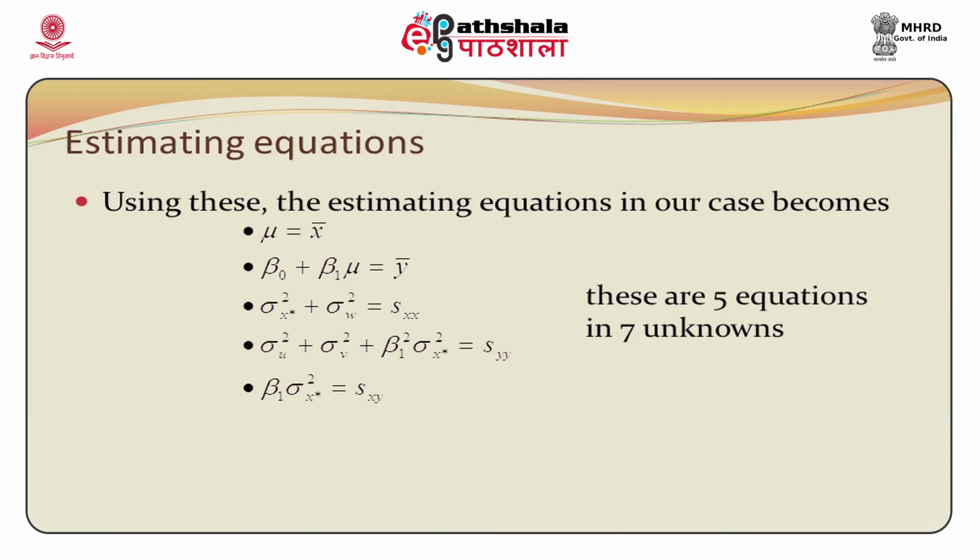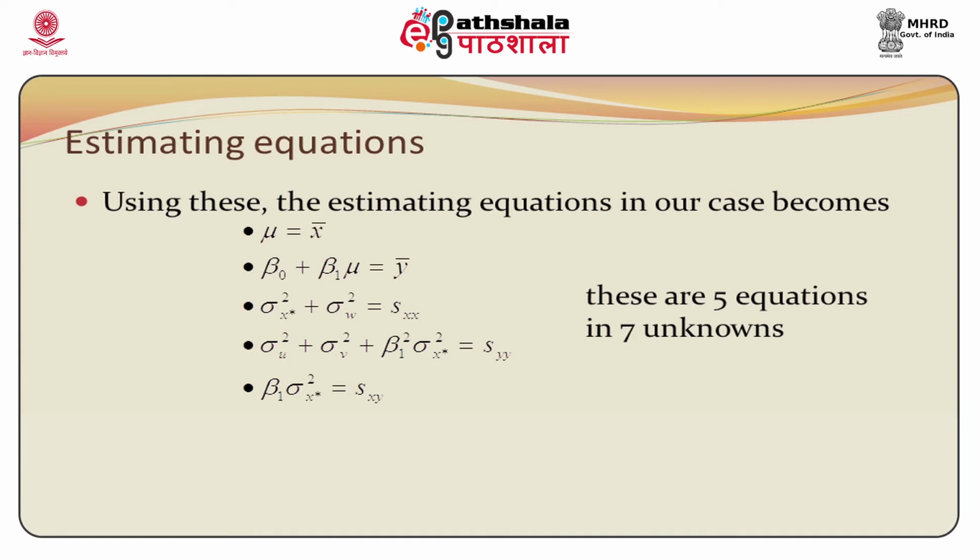Variance of x is sigma x star square plus sigma w square, that must be equal to sxx. Similarly, sigma u square plus sigma v square plus beta 1 square sigma x star square must be equal to syy. And finally, the covariance beta 1 sigma x star square would be equal to the sample covariance sxy.